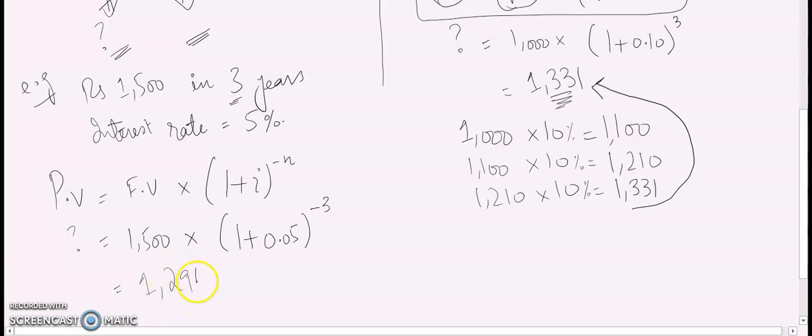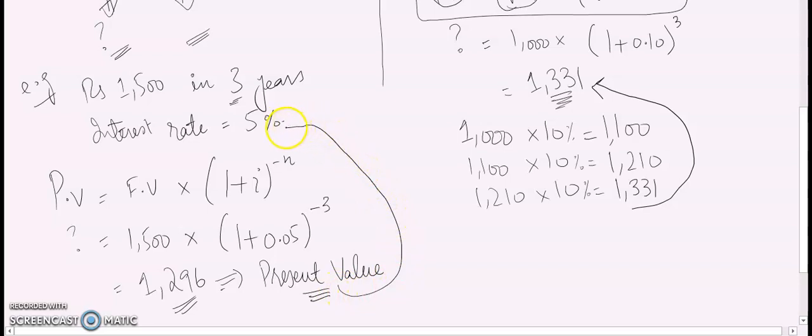So, what you need to invest today is this figure that becomes your present value, and this figure invested at 5% will give you 1500.